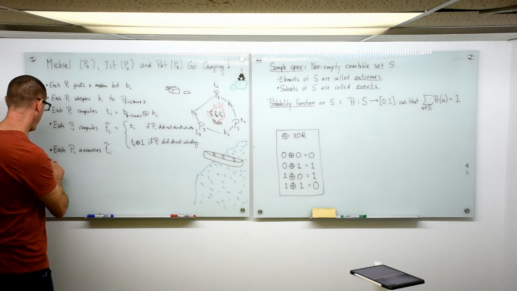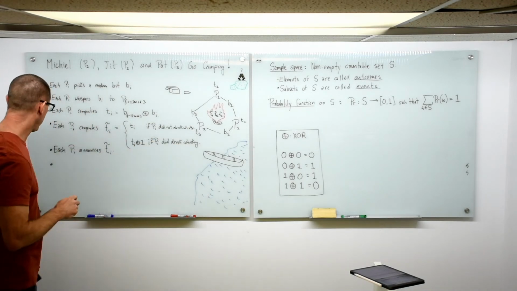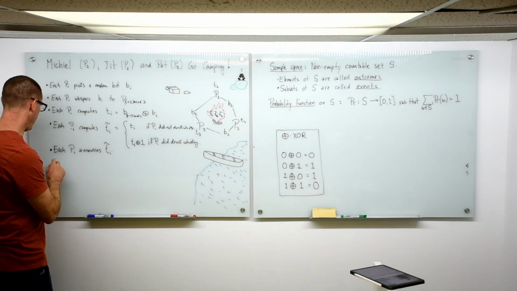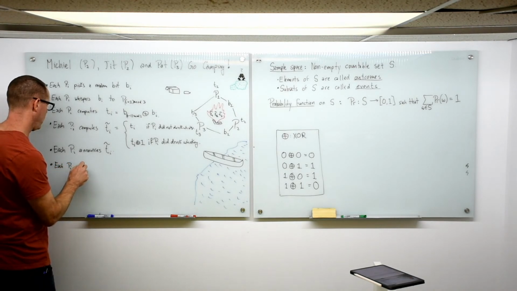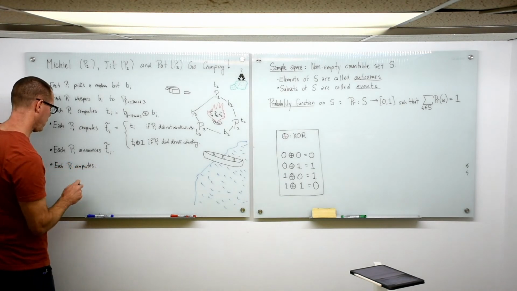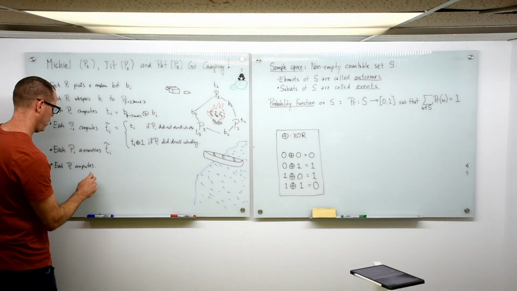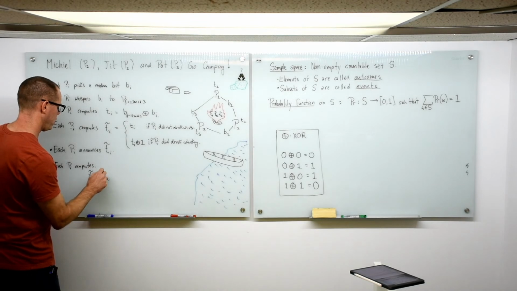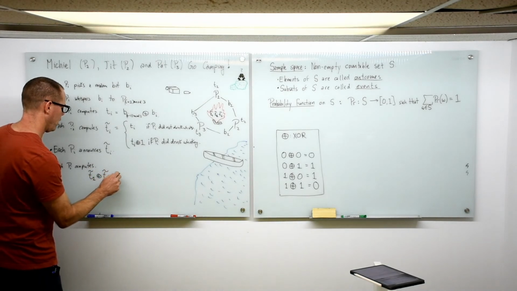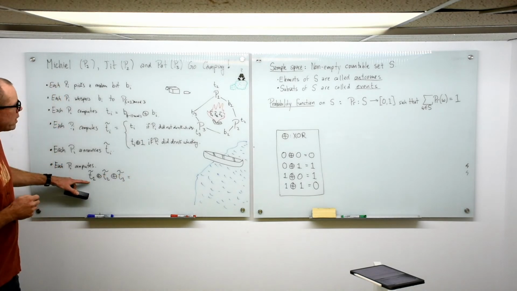And now anybody can compute the value now, right? So what do you get? Each Pi computes. Well, let's see what the formula gives us. We take T1 tilde XOR T2 tilde XOR T3 tilde. Well, what's T1?